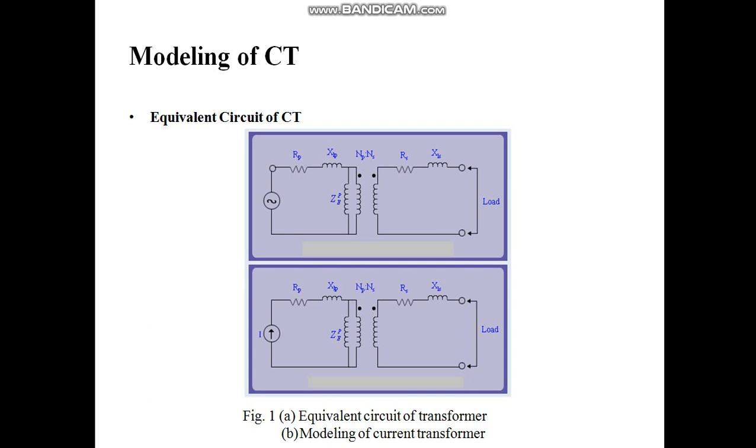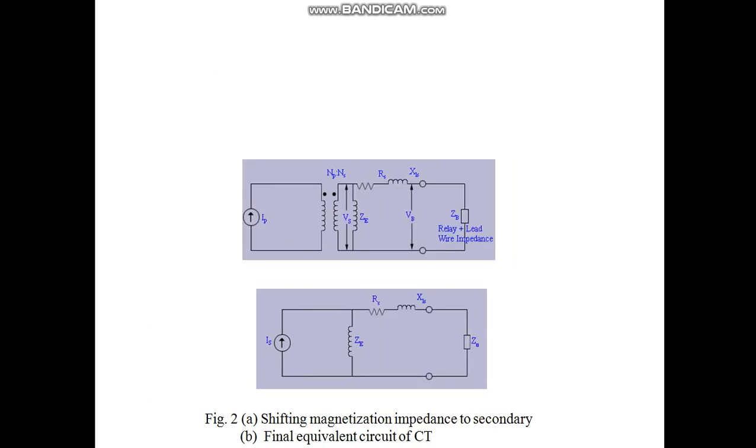The remaining steps in modeling are as follows. As impedance in series with the current transformer can be neglected, we can neglect the primary winding resistance and leakage reactance in current transformer modeling. Moreover, for convenience in analysis, we can shift the magnetizing impedance from the primary side to the secondary side of the transformer. So, after application of these steps, the CT equivalent circuit is as shown in figure 2A.